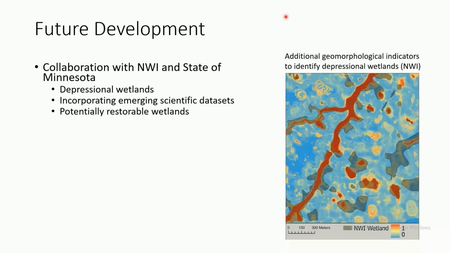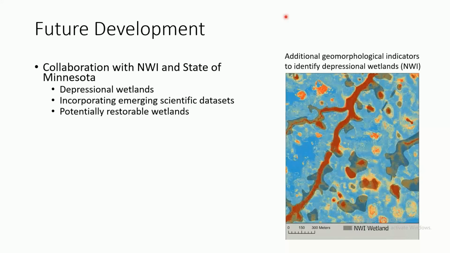All right, so the development roadmap for WHIM, we have been very lucky to have opportunities to collaborate with National Wetland Inventory and most recently with State of Minnesota. On the right, you'll just see an animation of, I think I went through model iterations A through X, evaluating some additional geomorphologic indicators in a study with NWI.